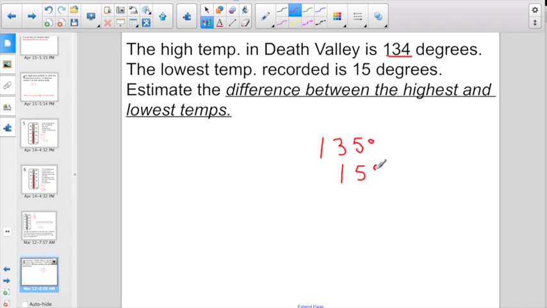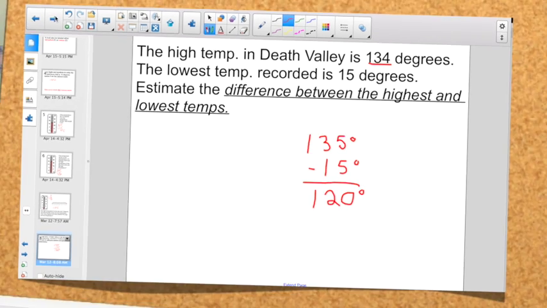That shouldn't be too tough. So 135 degrees, subtract 15 degrees, looks like an estimated difference of 120 degrees.